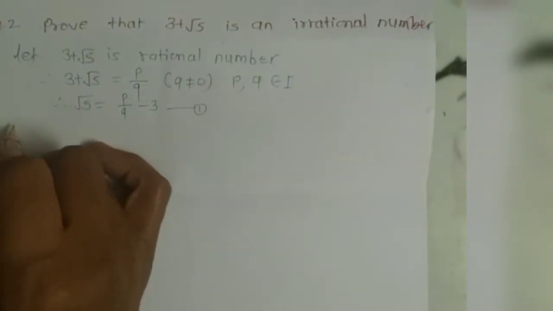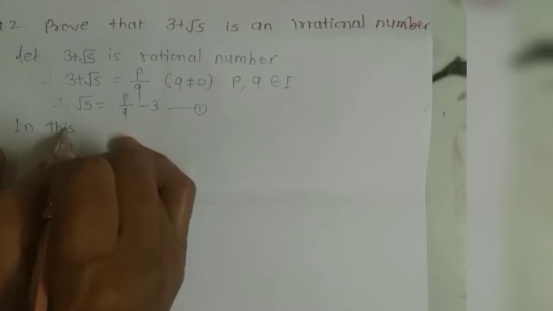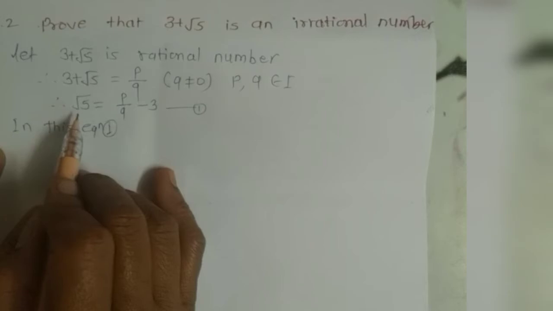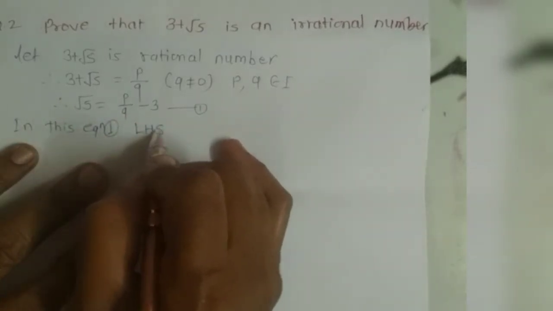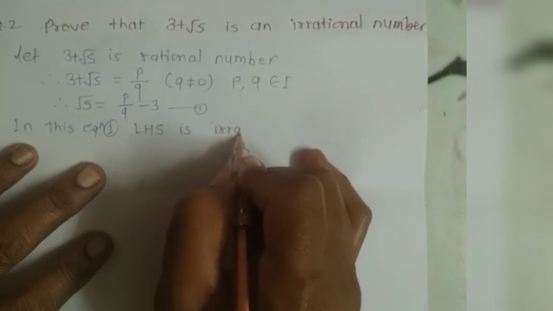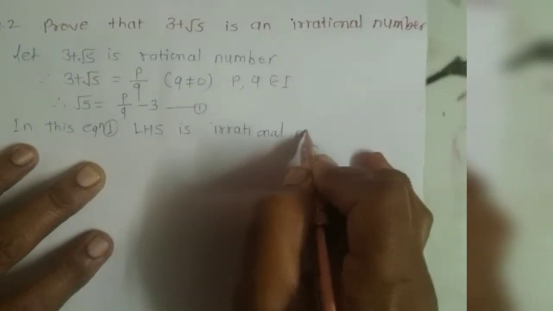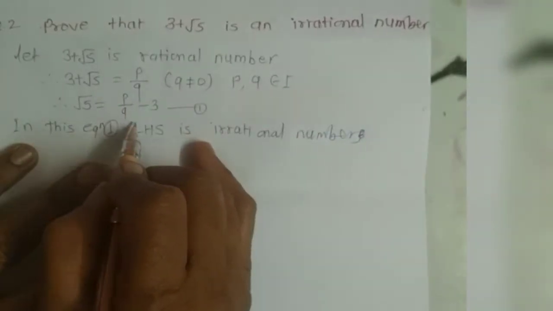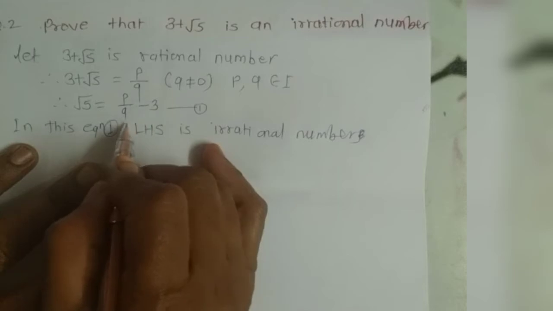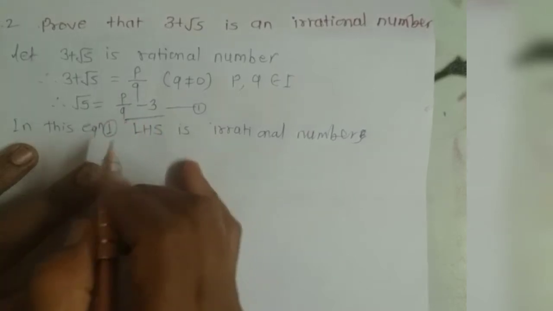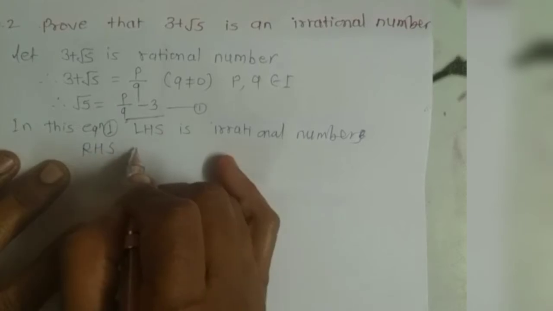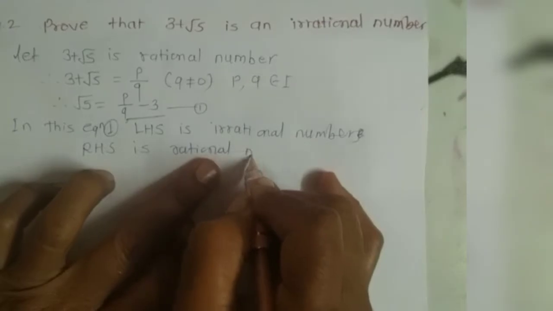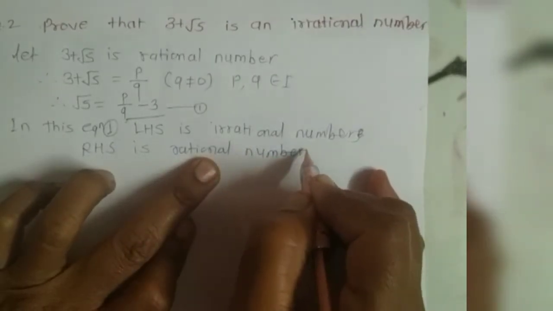In equation first, the left side is root 5, which means the LHS is an irrational number, whereas the RHS, P upon Q minus 3, is a rational number. Here we write the RHS is a rational number, and therefore it is contradictory.